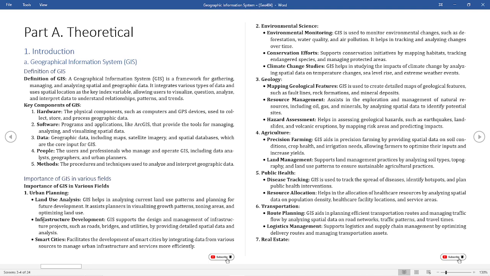We need the infrastructure development where the infrastructure is required from the viewpoint of the urban growth, where there is a need of roads, where there is a need of bridges, and for that very purpose, this GIS data helps us a lot. Nowadays, we are talking about these smart cities. These smart cities are the cities which facilitate the development of smart cities by integrating the data from various sources.